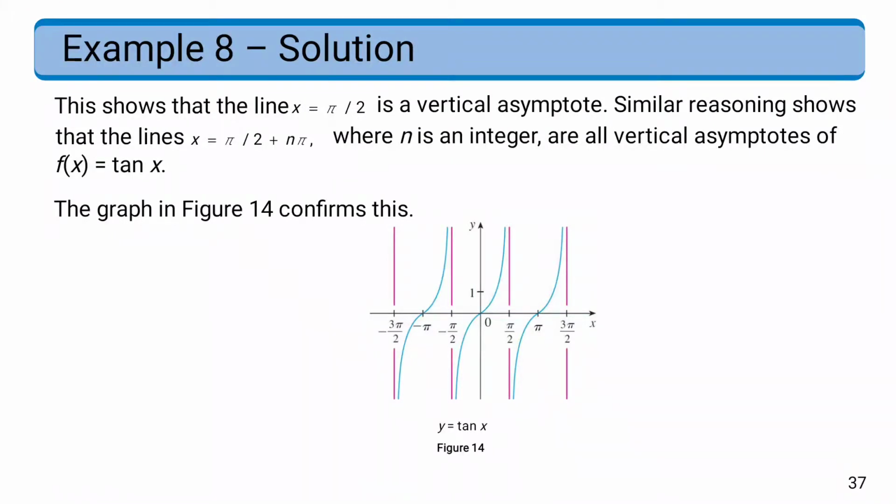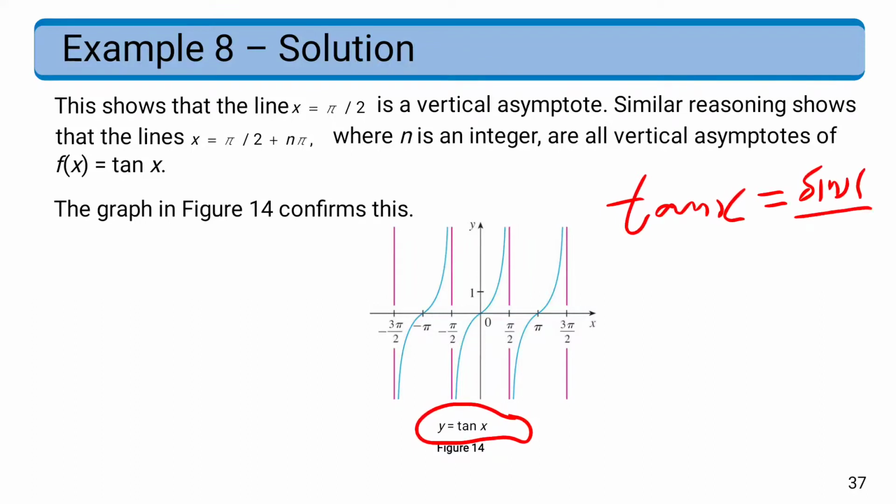In fact, this is a graph of y equal to tan theta. One thing you can pick from y equal to tan theta, remember you can write that as sine x over cos x. So that means for tan theta, wherever cos of x is 0, it will have a vertical asymptote.